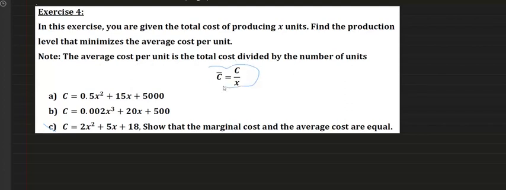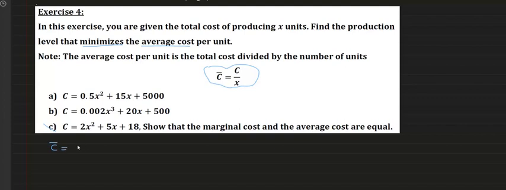Let's do part C. And of course, it's reminding us that the average cost per unit is the total cost divided by the number of units. This is the formula which we used to use. What I want you to pay attention to is that we need here to minimize which value? The average cost, right? So we need to find first the average cost equation that models the average cost. So let's take the average cost.